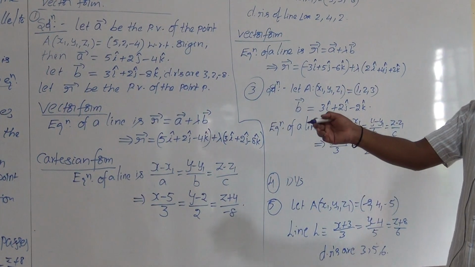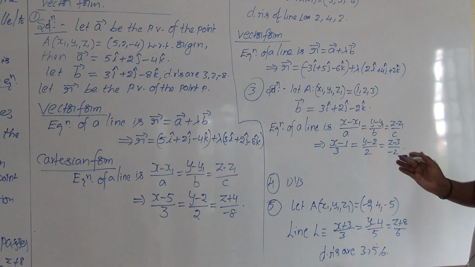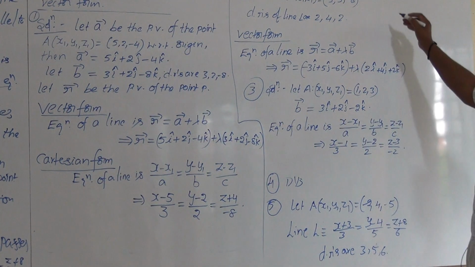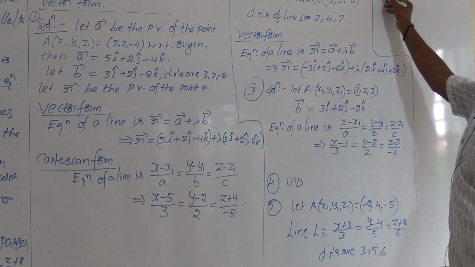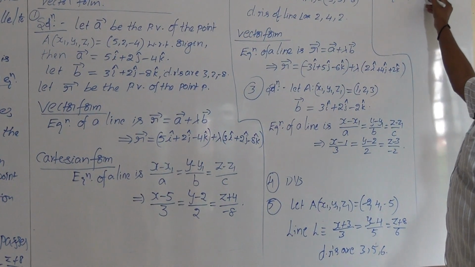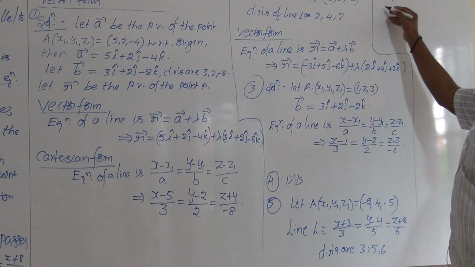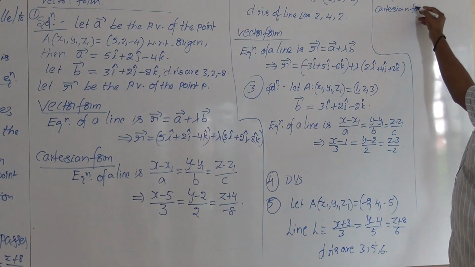Parallel means the DRs of our required line and the given line are equal. If two lines are parallel, then the DRs are equal. So the required equation of a line, in which form? In Cartesian form.